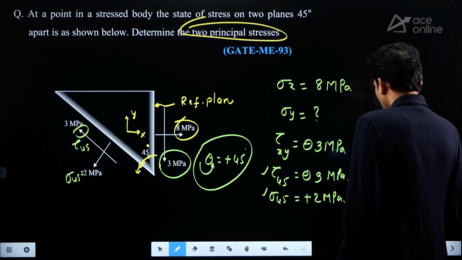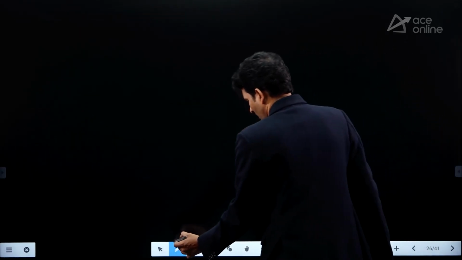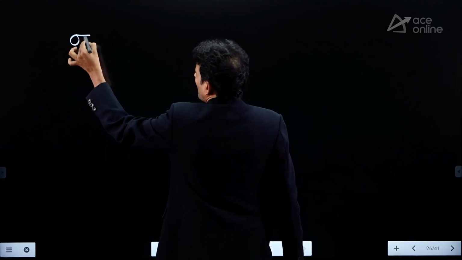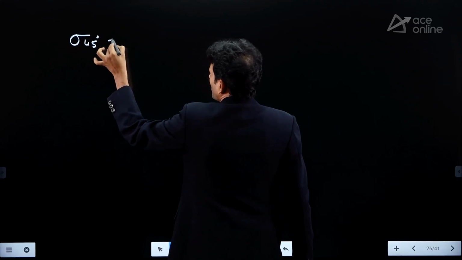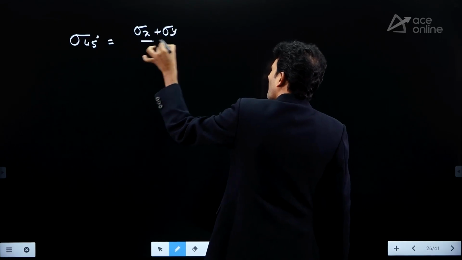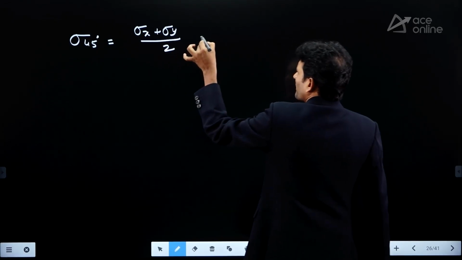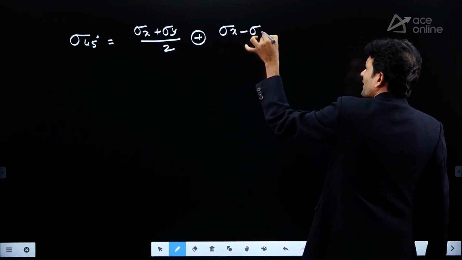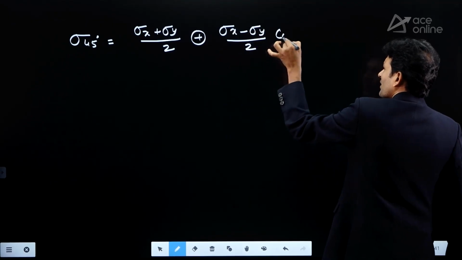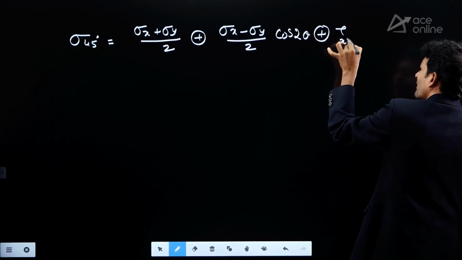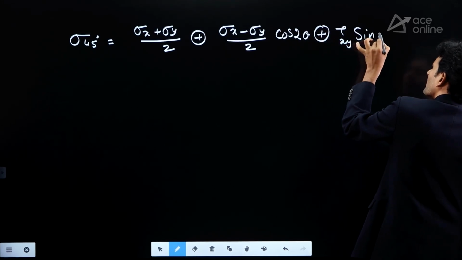As we know how to find the stresses on inclined planes, I am taking that. Sigma on the 45 degrees plane equals sigma x plus sigma y divided by 2 plus sigma x minus sigma y divided by 2 cos 2 theta plus tau xy sin 2 theta.